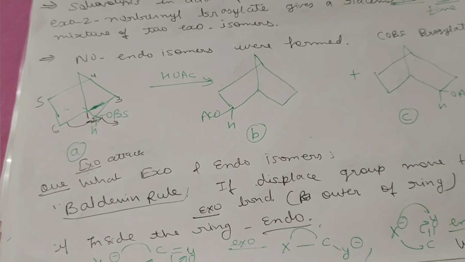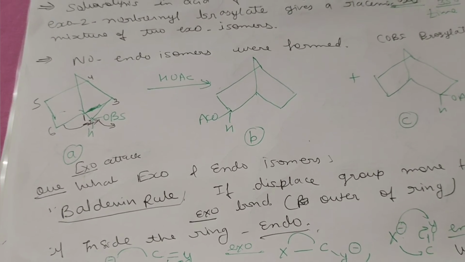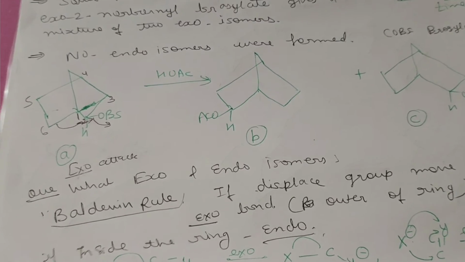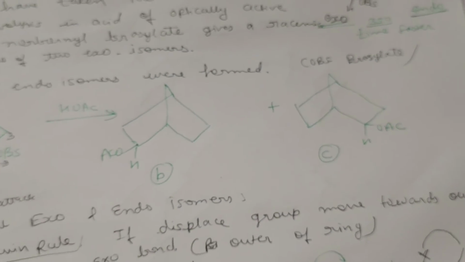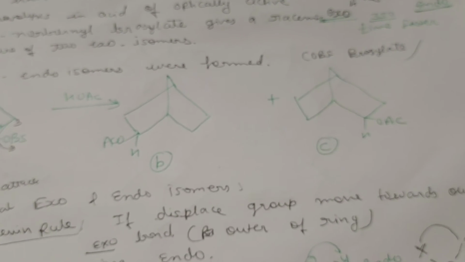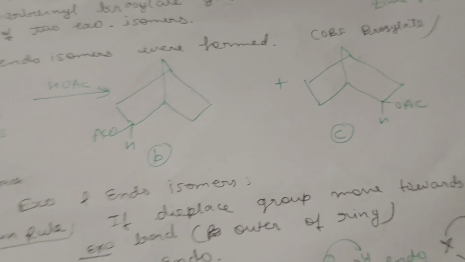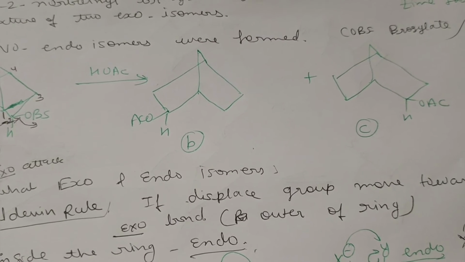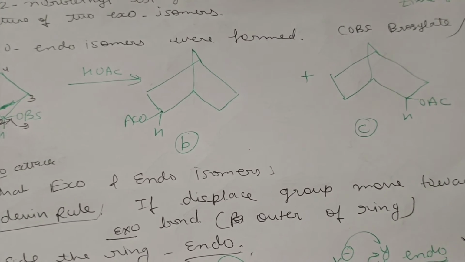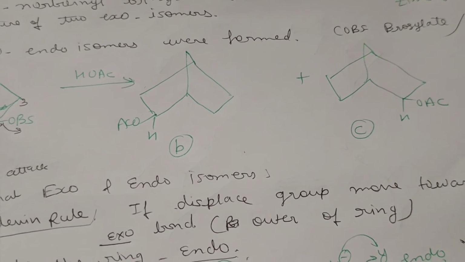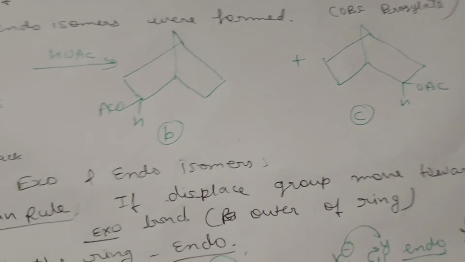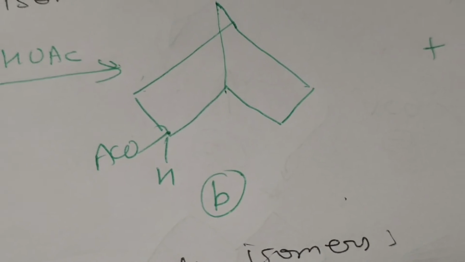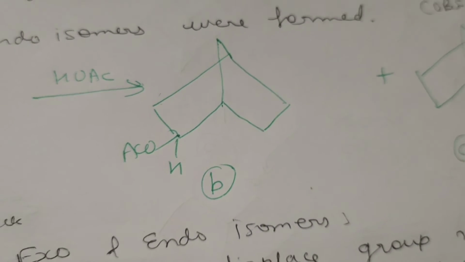So acetolysis will take place, and instead of OBs, OAc will be attached. But again we have two options. It can attach on carbon number 1 as well as carbon number 6. So instead of the brosylate, the OAc group can be attached on carbon number 1 and the other on carbon number 6. Note down the structure.